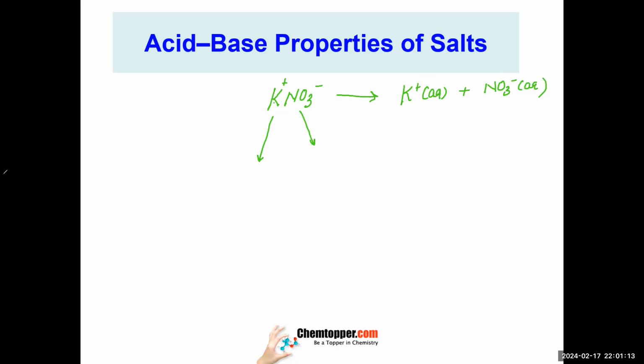K plus is from KOH. Is it a strong base or weak base? So its conjugate is a weak conjugate acid, this K plus, right?